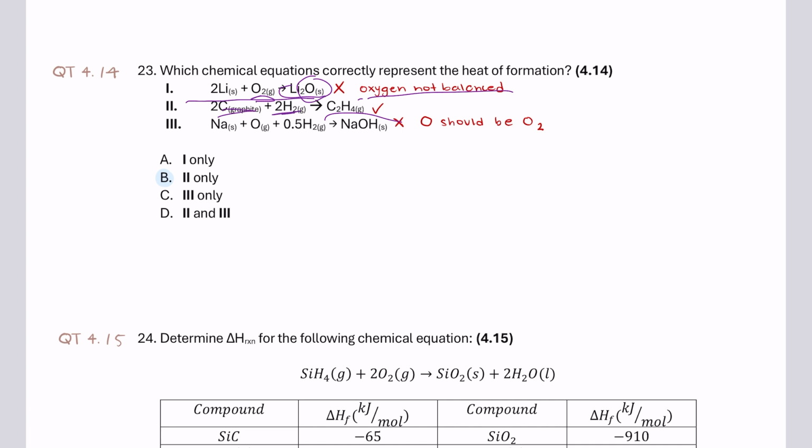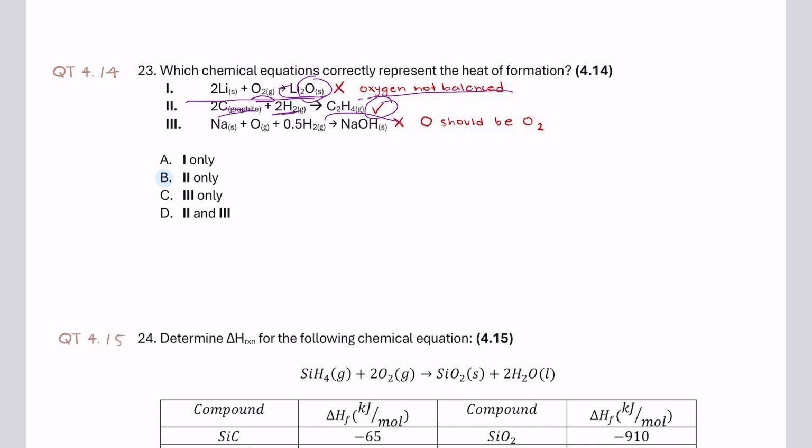This reaction is correctly balanced and it starts with the appropriate standard elements. We are forming exactly 1 mole of the compound and all the reactants are in their standard states. So this equation meets all of the criteria for a formation reaction and it's correct.